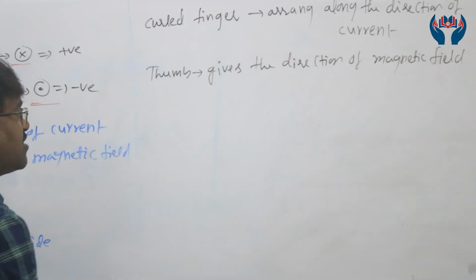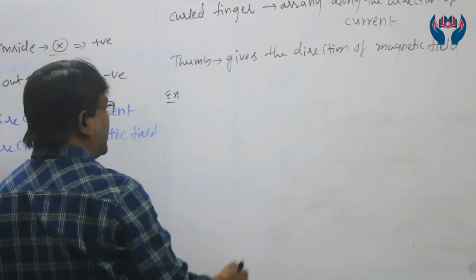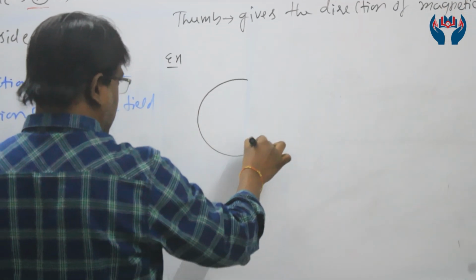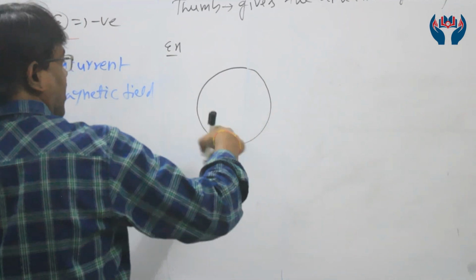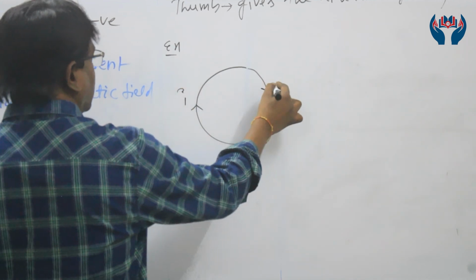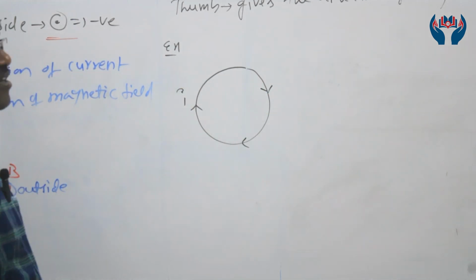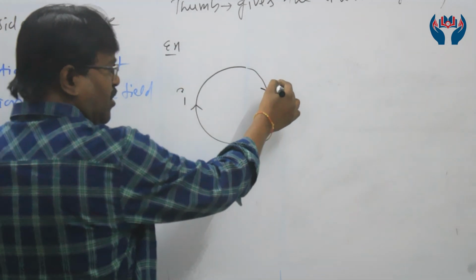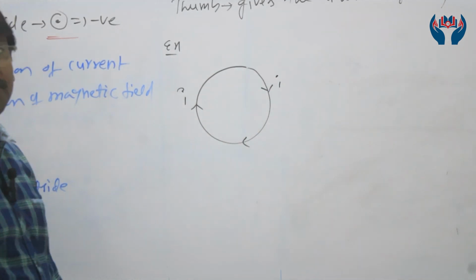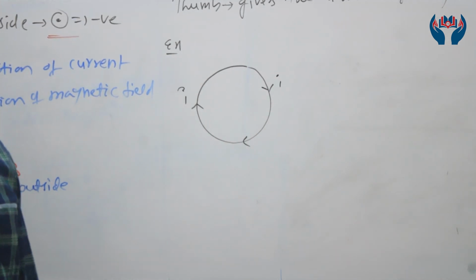For example, consider one current-carrying conductor in a circular path. This is a circular wire carrying a current I. Due to this, a magnetic field is induced. What is the direction of the magnetic field?